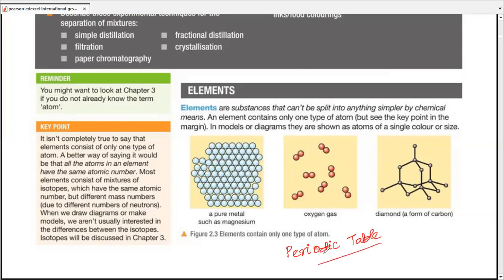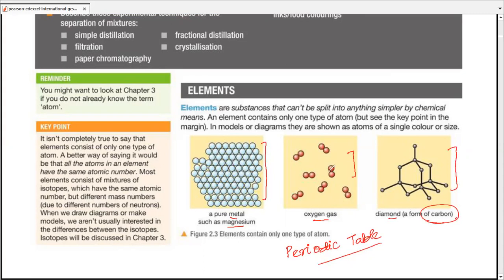We cannot split them into anything simpler, which means one element will only consist of one type of atom, right? So, for example, if there is a pure metal such as magnesium, it would only consist of magnesium atoms. If there is oxygen gas, it would only consist of oxygen atoms. If there is diamond, which is actually a form of carbon, it would only consist of carbon atoms.